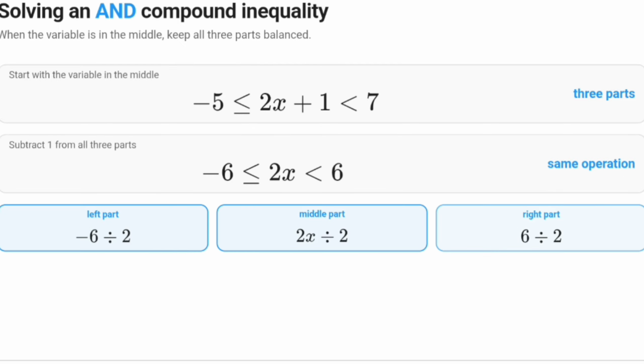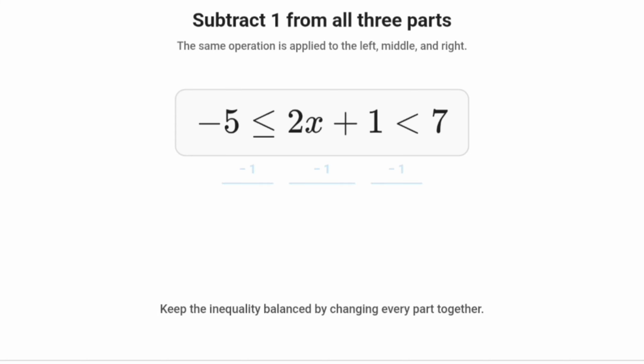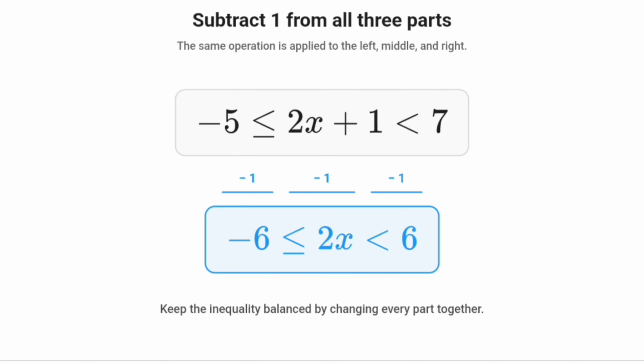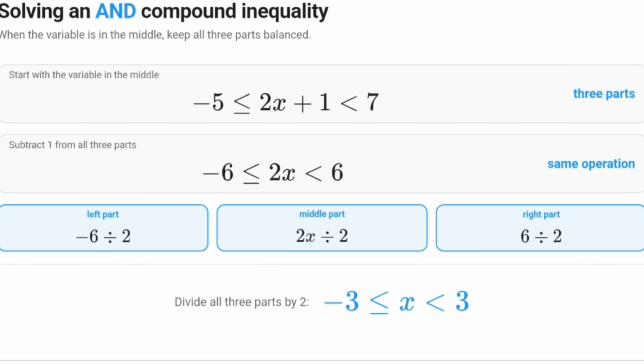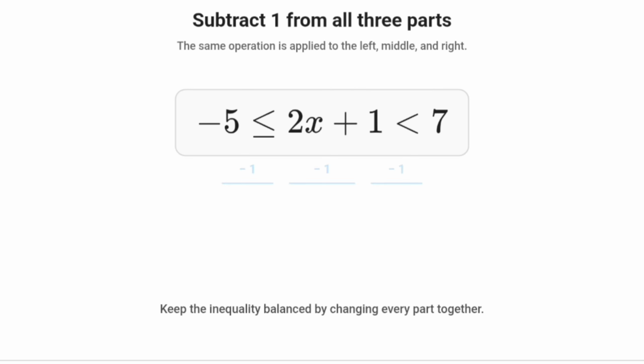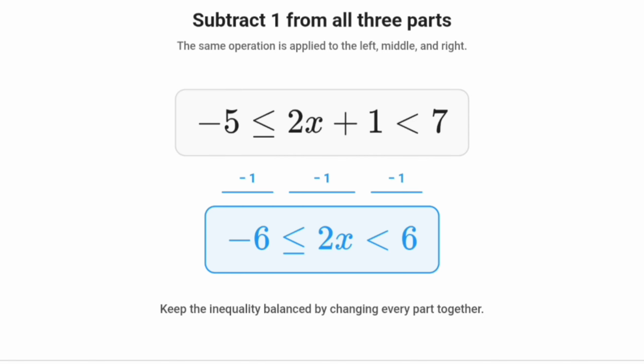Solving an and compound inequality with the variable in the middle means performing the same operation on all three parts of the inequality. For example, -5 ≤ 2x + 1 and 2x + 1 < 7. Subtracting 1 from all three parts gives -6 ≤ 2x and 2x < 6.